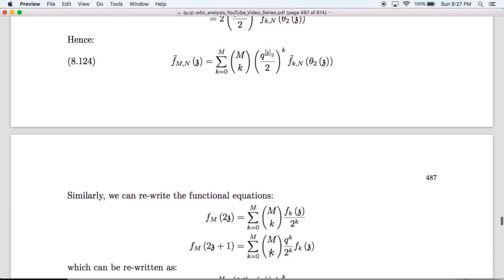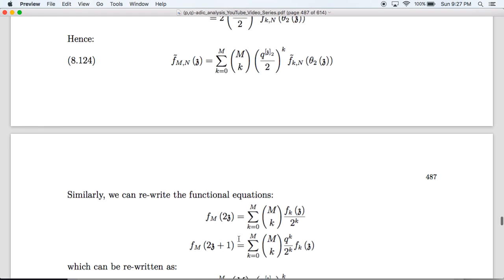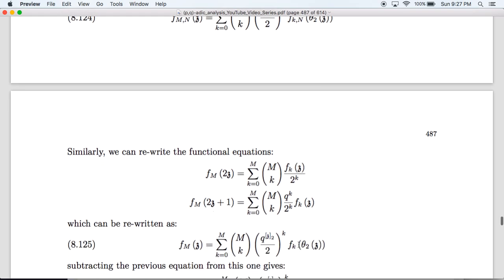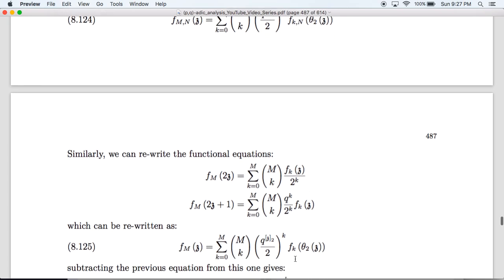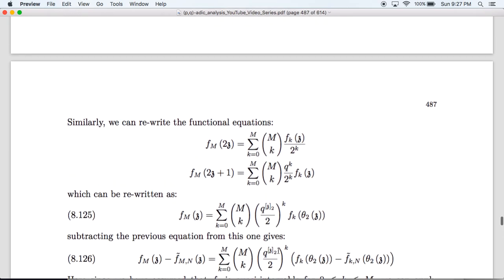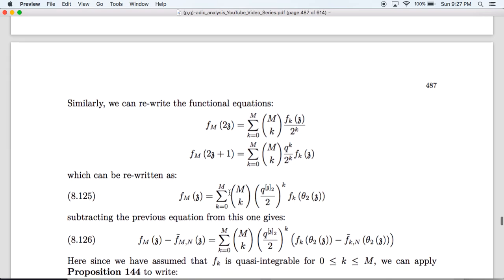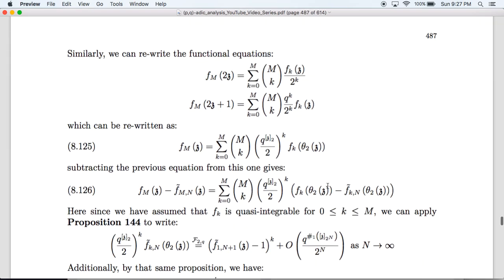Similarly, here are the functional equations for the full F series, and we can rewrite these using theta 2, like so. And so now we will subtract this equation from that equation, and we get this thing.